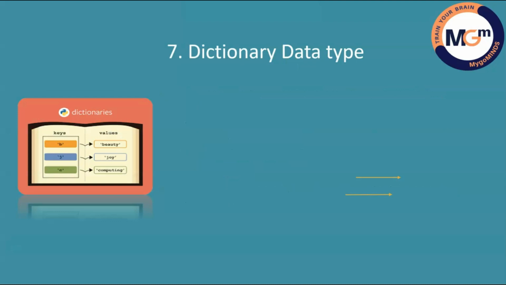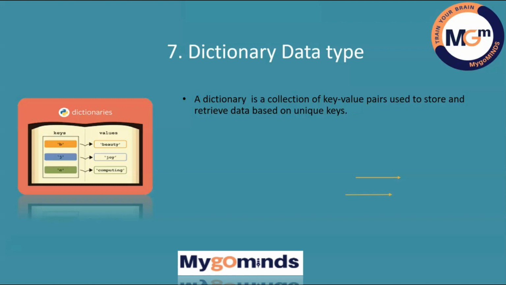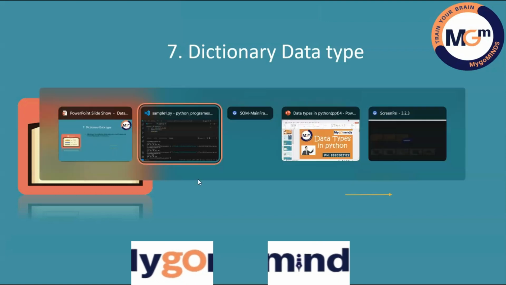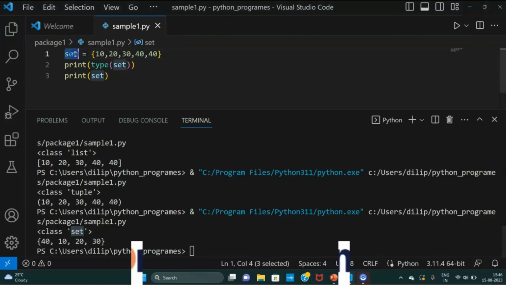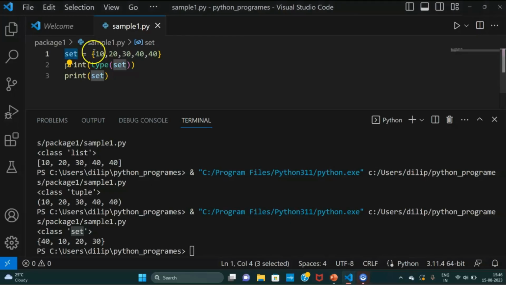And now we have the dictionary data type. Dictionary data type is also a collection, but it has key-value pairs, which are used to store and retrieve data based on unique keys. Suppose in a college there are 10 students. They have different names, ages, dates of birth, right? Likewise, we can store the values like this in a dictionary. Let me say student.